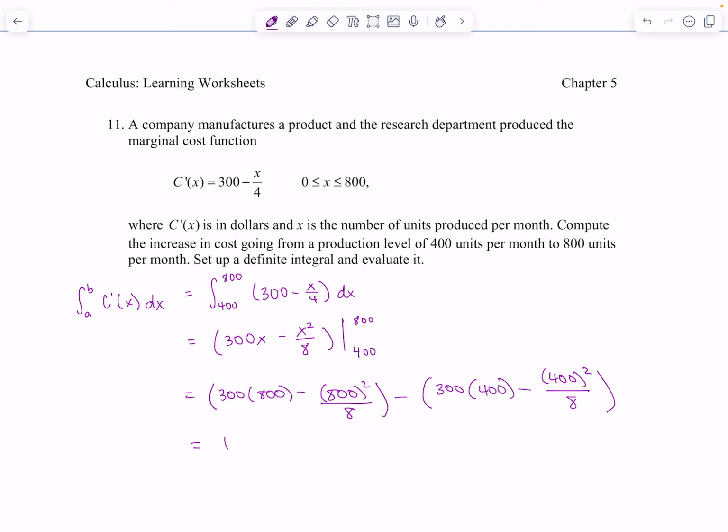Those values are 160,000 minus 100,000. So we have 60,000.